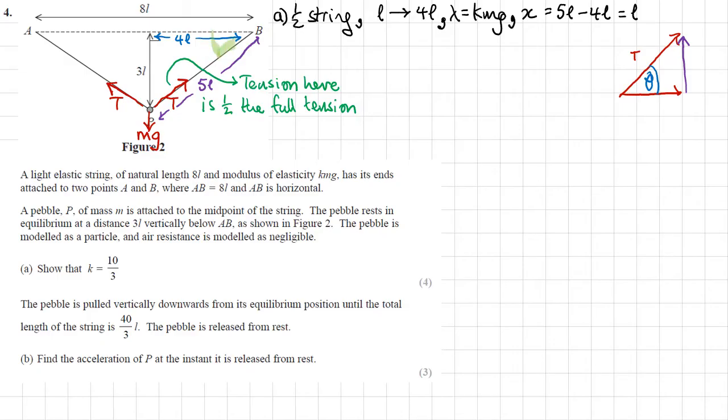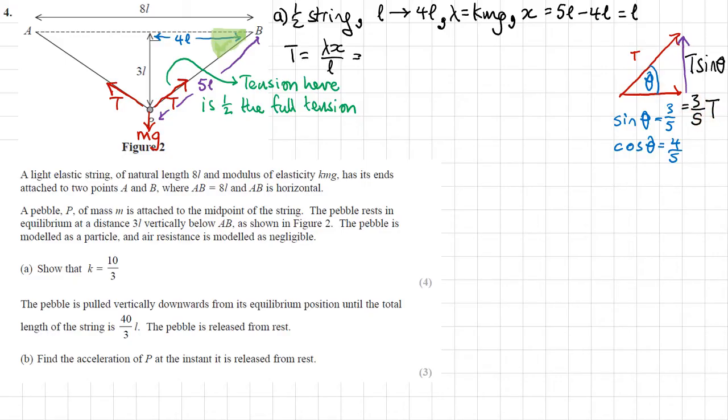Now the sine of that angle is equal to 3/5, opposite over hypotenuse, and the cosine of the angle is equal to 4/5, adjacent over hypotenuse. Now the component that I want pointing up is going to be T sine theta. Sine theta is 3/5, so that component is 3/5 T.